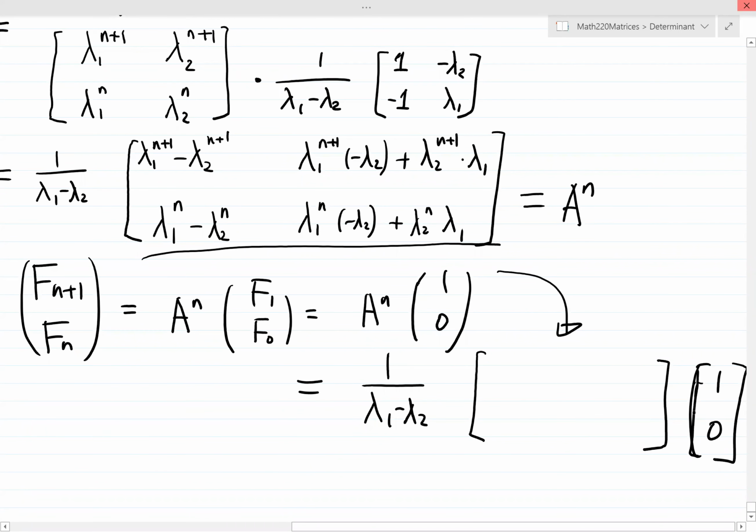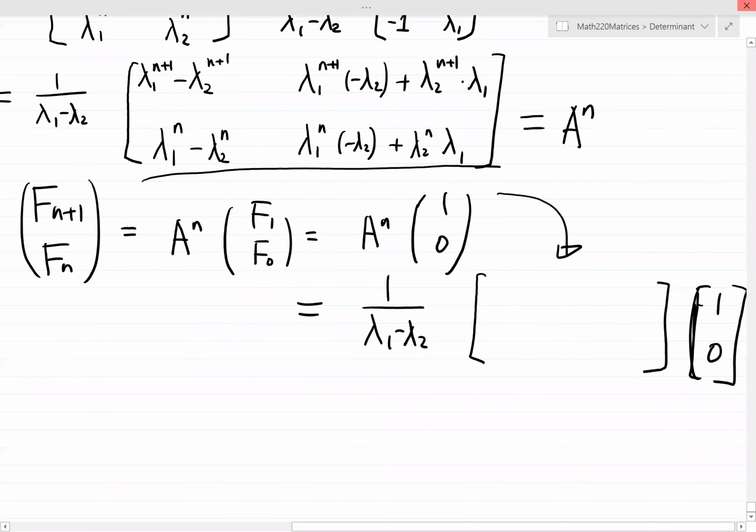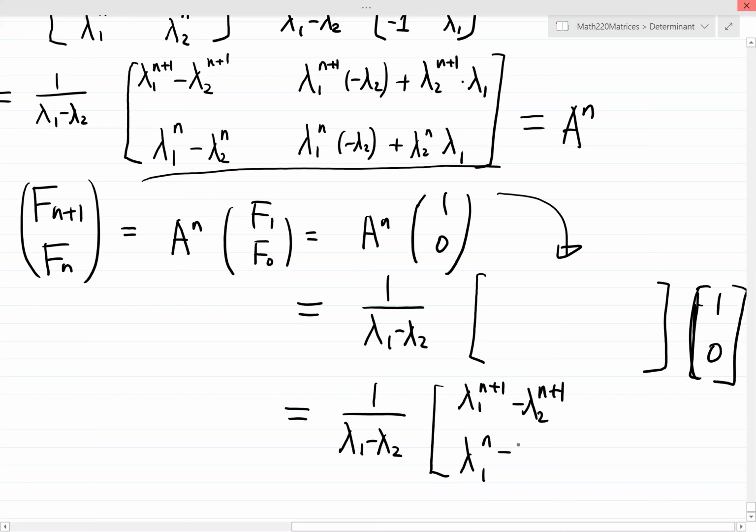Now multiply this by 1, 0. Actually, we get the first column. The first column vector will be the first column vector of A to the power n. So this will be 1 over lambda 1 minus lambda 2 times the first column: lambda 1 to the power n plus 1 minus lambda 2 to the power n plus 1. Here, this first column of A^n, lambda 1 to the power n minus lambda 2 to the power n.